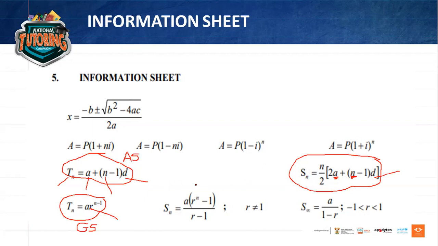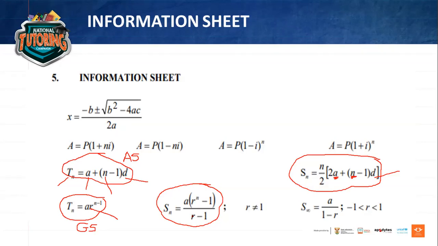So also in the geometric sequence, we have the sum for the geometric sequence. If we need to get the sum for a geometric sequence, which is Sn, there it is. Our Sn is a(r^n - 1) over r - 1. The a would remain the first term, and the r is the constant ratio.